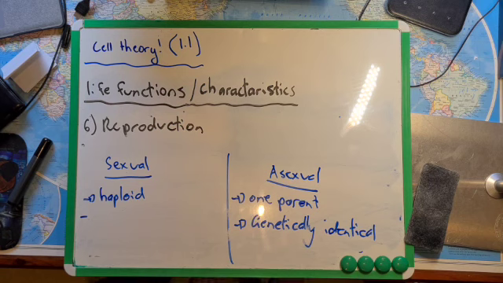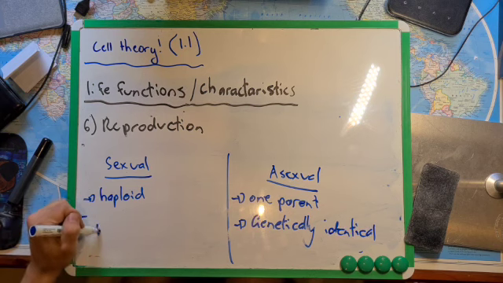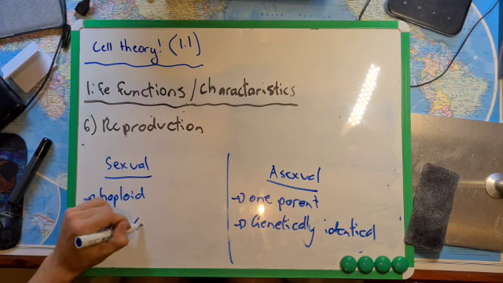Asexual can be seen in mitosis along with binary fission, whilst sexual we know is our meiosis.